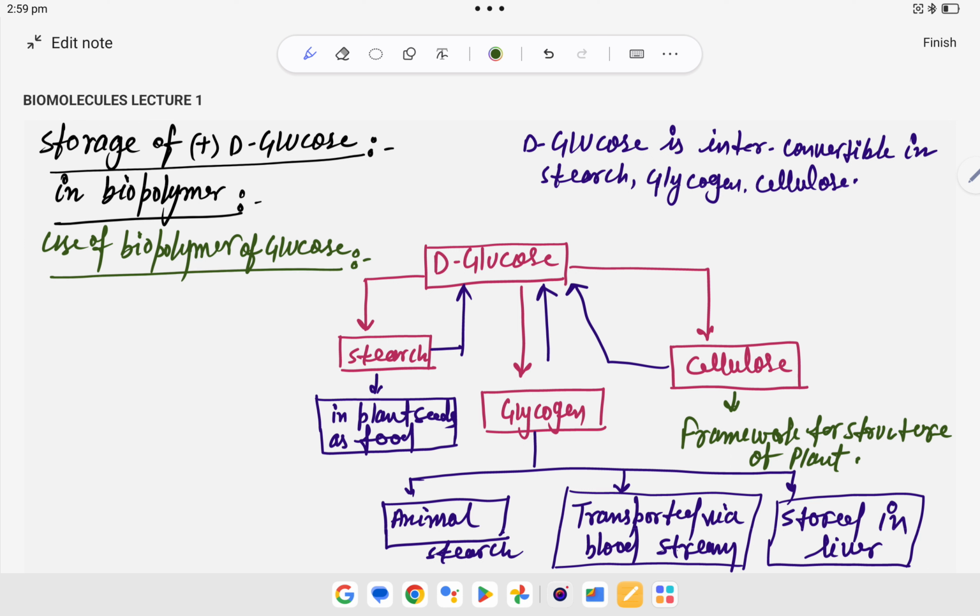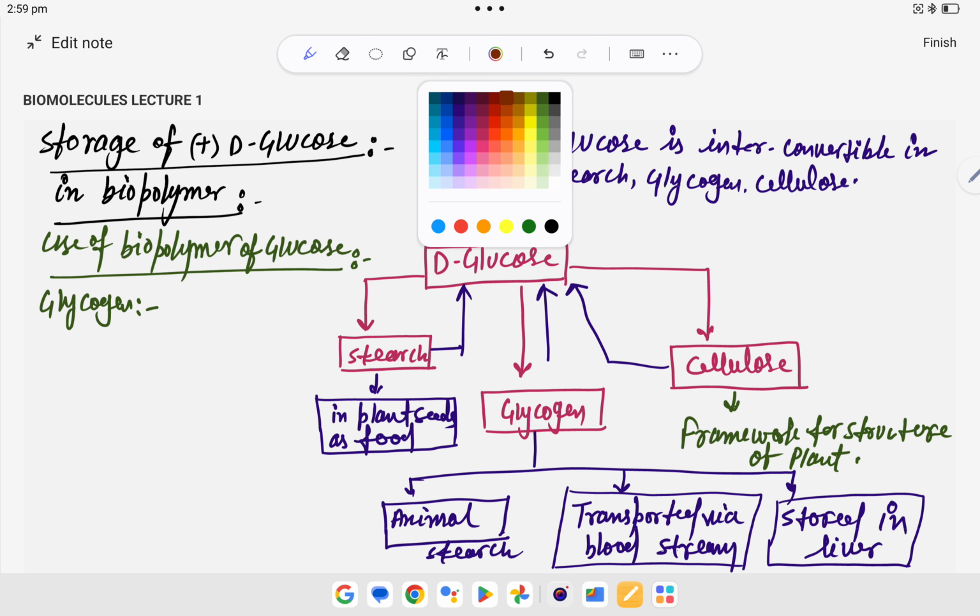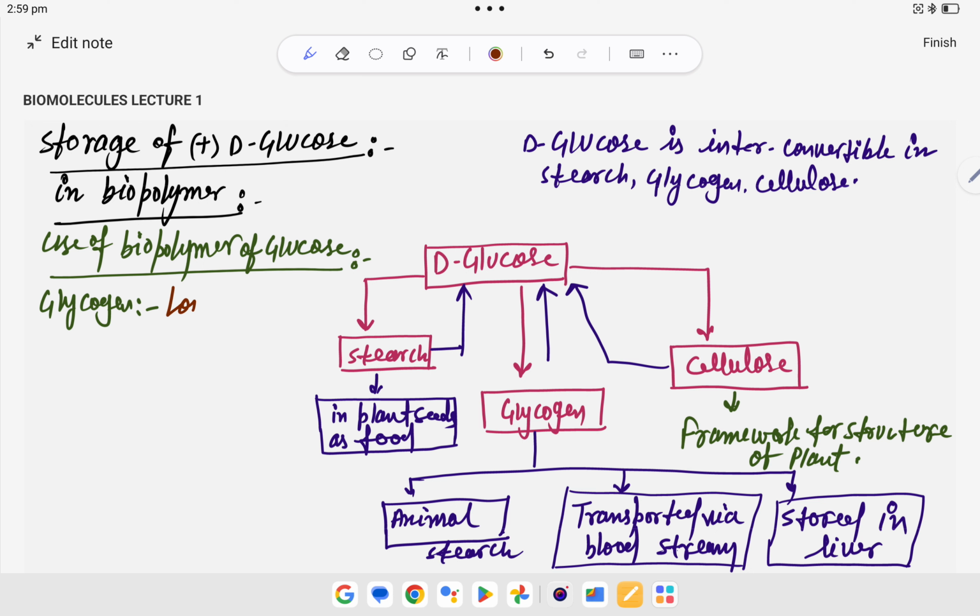And what is the use? Glycogen, if we are talking about glycogen, it is long term energy storage in liver and muscles.